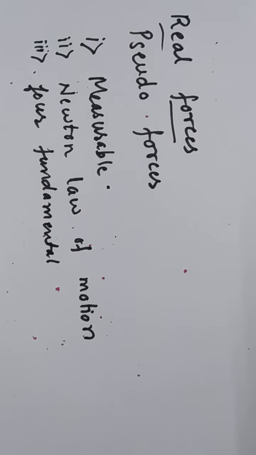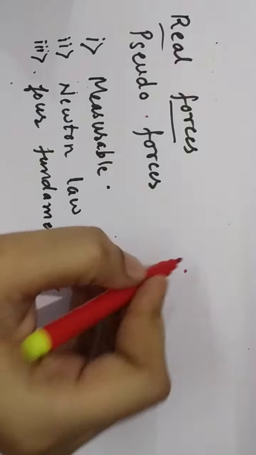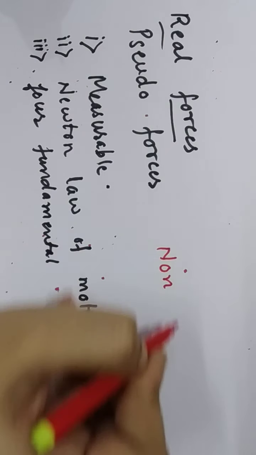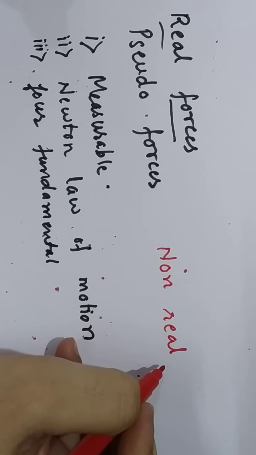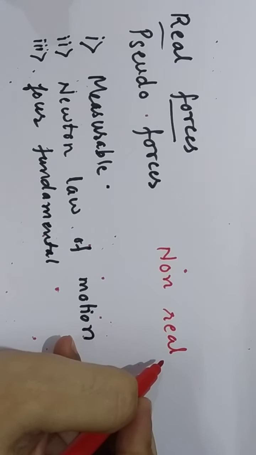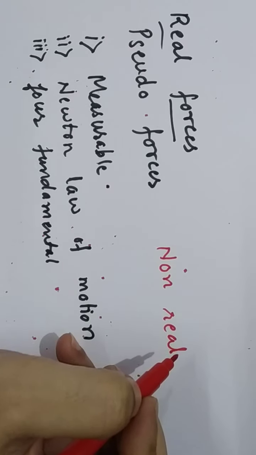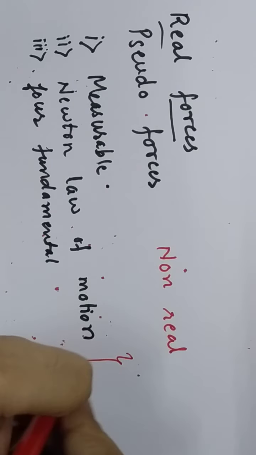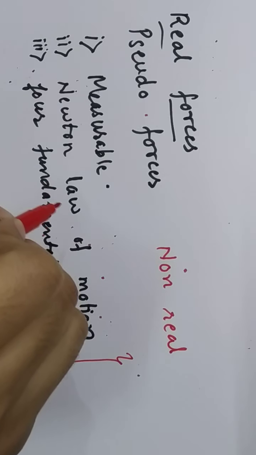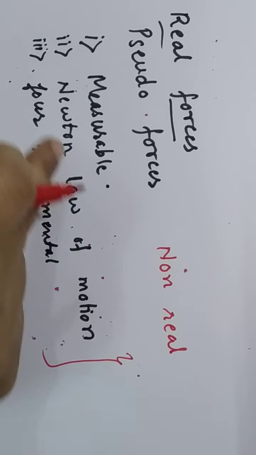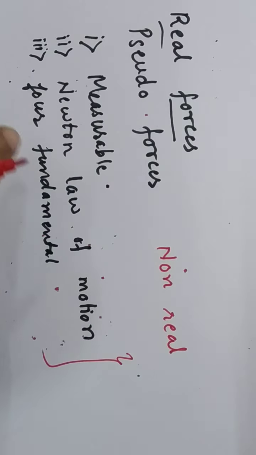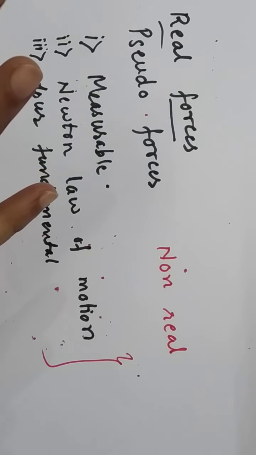And these forces are also called non-real. Non-real doesn't mean that it does not have any existence. They do have existence, but their explanation is not as per these three criteria set by Newton. It means those forces are not easily measurable, they do not obey the law of motion, and they do not belong to any of the four fundamental forces.